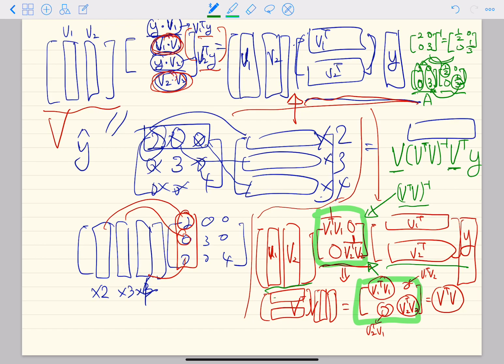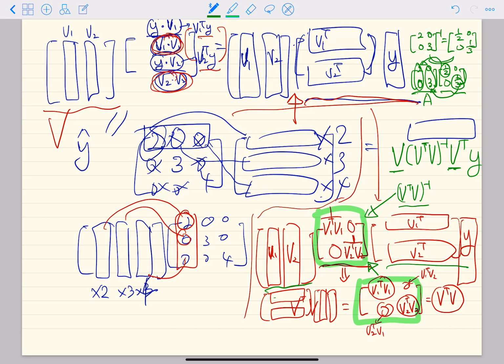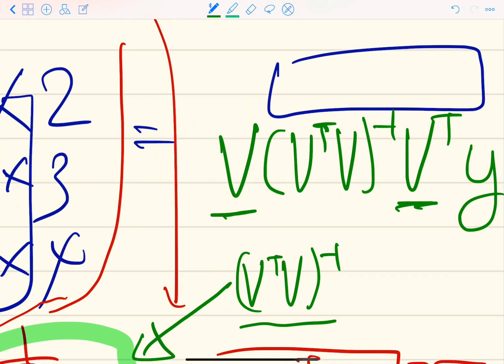At the far left and far right we have V and V transpose respectively, and in the middle, to handle the scaling factor, V1 transpose V1 and V2 transpose V2 work as denominators. That can be represented as V transpose V and its inverse, which is actually a diagonal scaling, the reciprocals of the norm squared of each of V1 and V2.